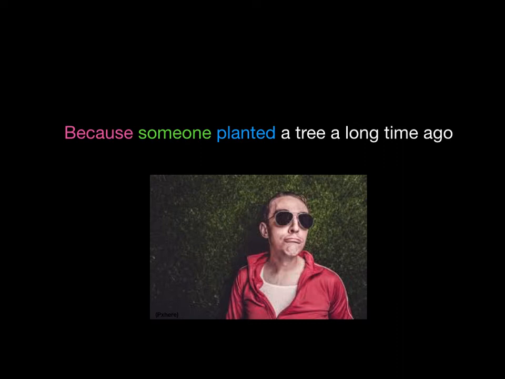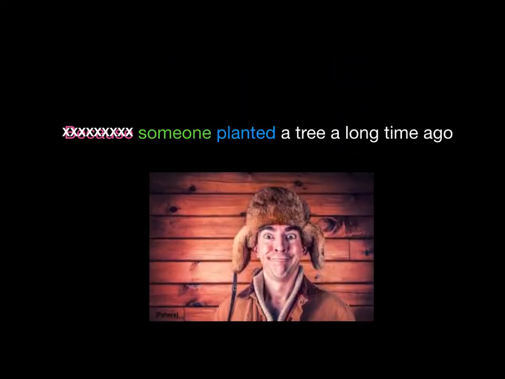The word that makes it not make sense by itself is our trouble. Notice what happens if we take the word because away. Then we have someone planted a tree long ago. If you said that to Uncle Joe, he'd be like, awesome, I love trees. Because without the word because, you have a sentence. Someone planted a tree long ago.